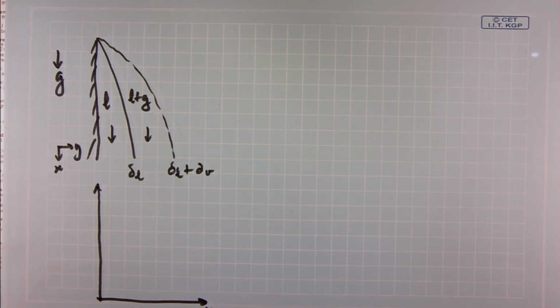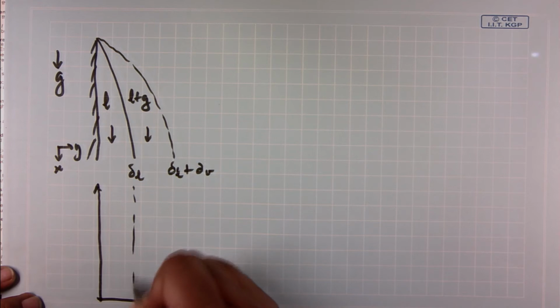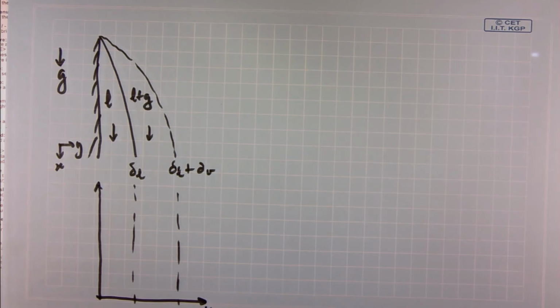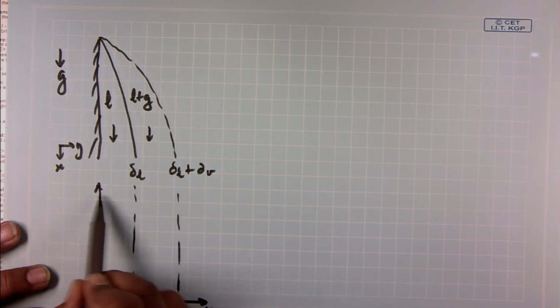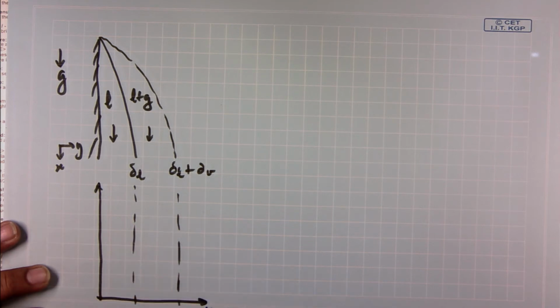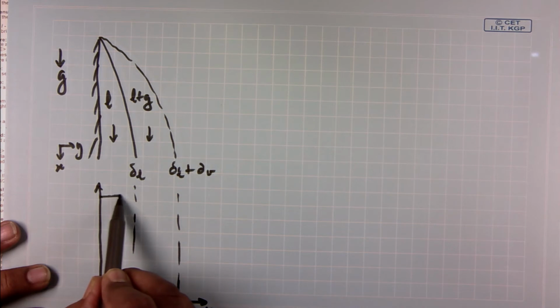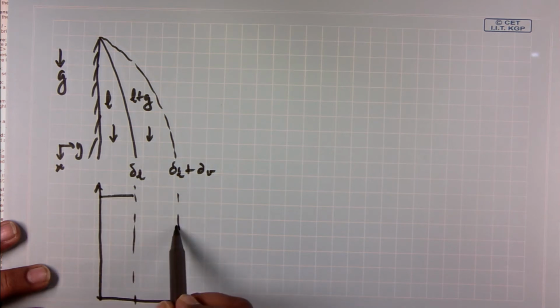If I want to see this, this is delta L, this is delta L plus delta V. If I want to look at the liquid fraction, what is it going to be here? Going to be 1, right, because it is completely liquid, and at this edge it is going to be 0.